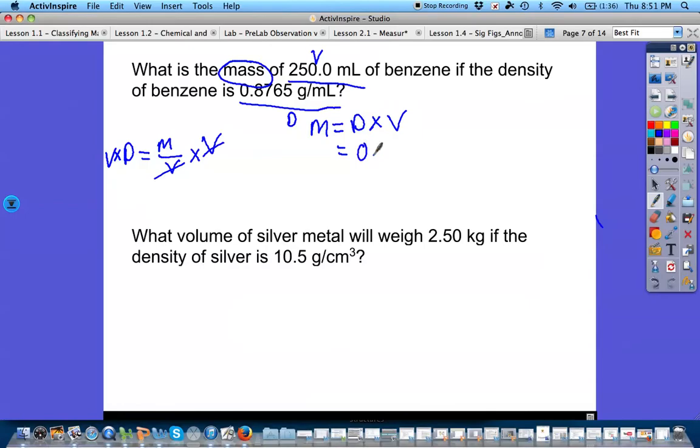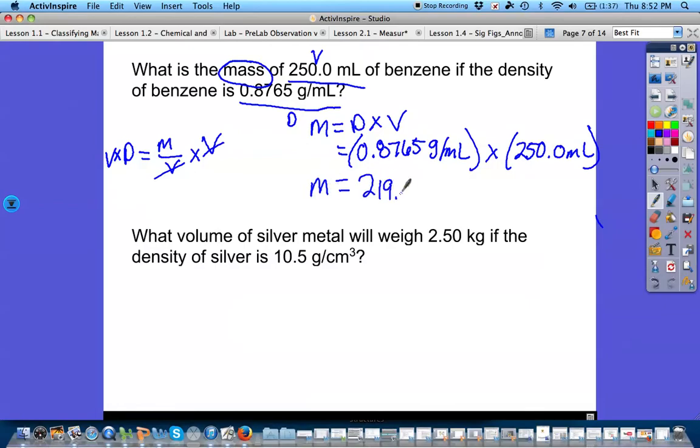So 0.8765 grams per milliliter times our volume of 250.0 milliliters. And when you calculate that, I believe you get a mass of 219.125.